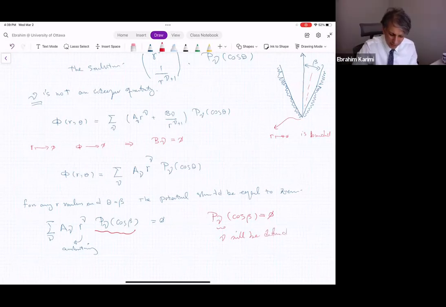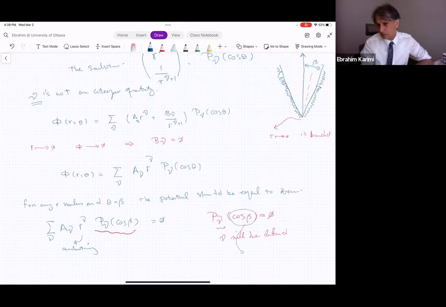So what does it mean that among the Legendre polynomials, those will remain for which the value of the Legendre polynomial at that given point is 0? That's all. So cosine of beta will be a value.